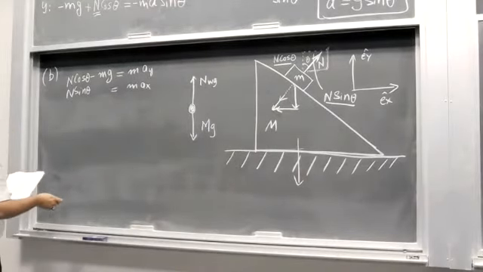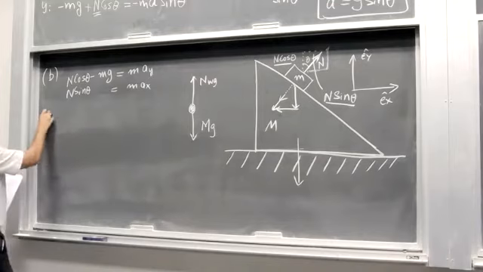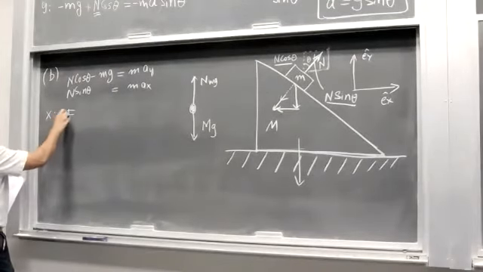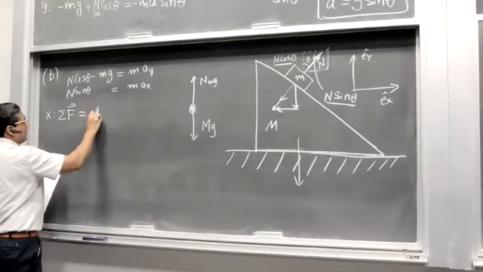Now, if I want to write the equation in the x-axis for the wedge, the sum of all forces equals ma.